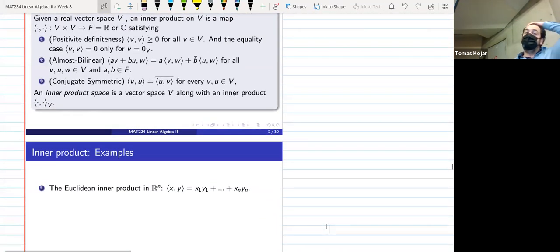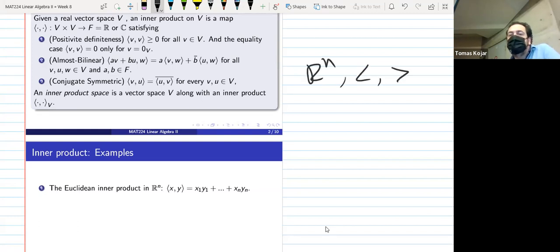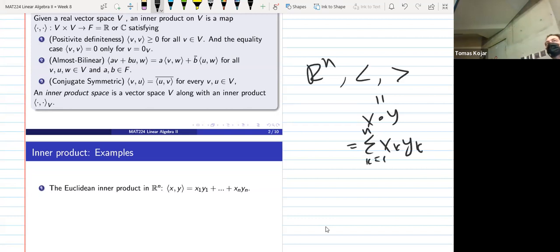If you manage to build this amazing map, then you call V an inner product space. So Rn is an inner product space because you can just use the dot product as an inner product.